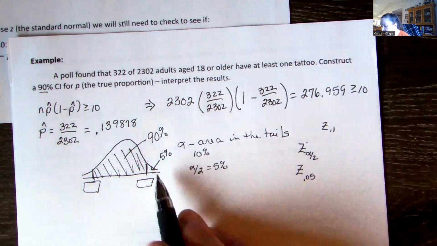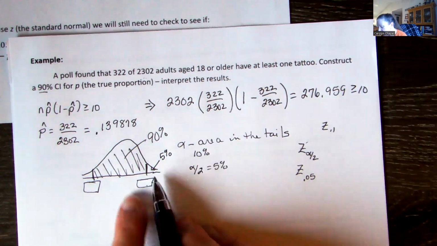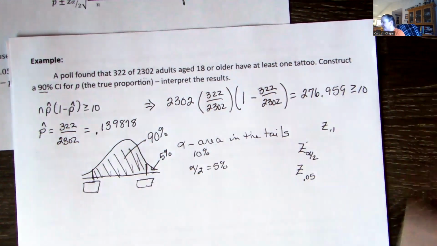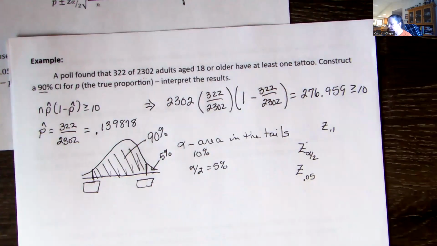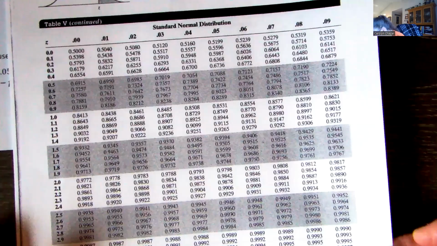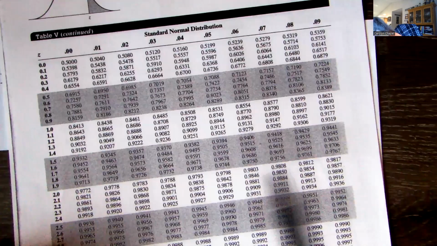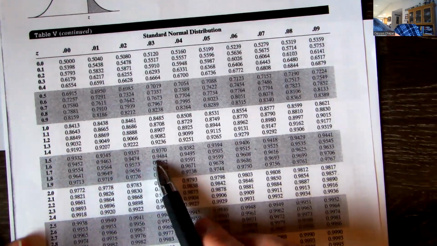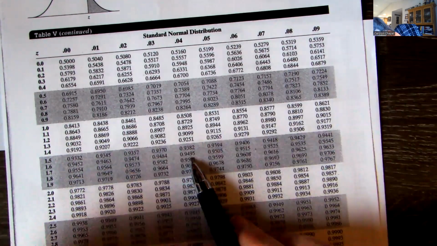Okay, so if this is 5%, this whole piece down here is 95%. So I'm going to be looking inside the table for 0.95. So 0.95. 4, 4, 8, 4, 5, 9, 5.